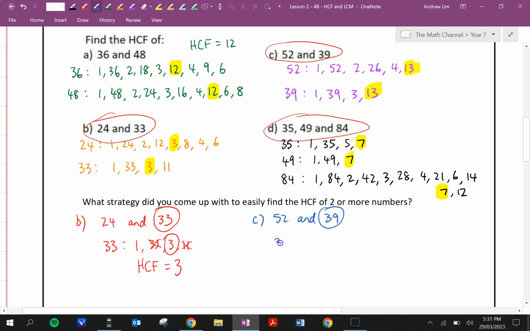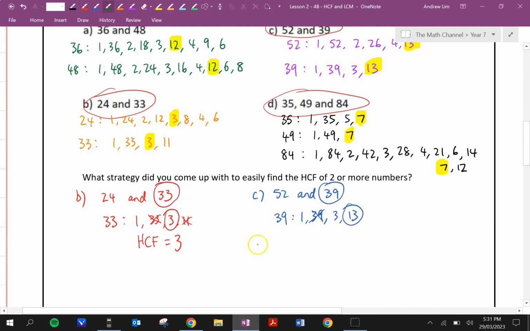So I'm thinking, all right, 39: 1 and 39, 3 and 13. Can I divide 52 by 39? Nope. Can I divide 52 by 13? Yes. It's important that you know 52 cards in a deck, 4 suits, 13 of each suit. So just remember that. That will come in handy.